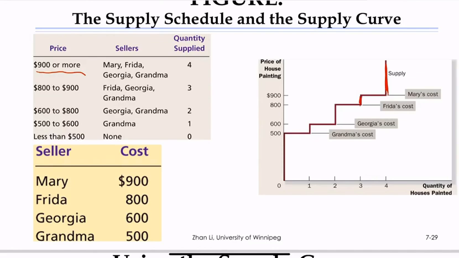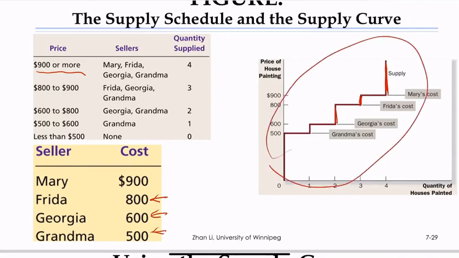So basically, we would have Frida, Georgia, and Grandma offering their services. So we could do the same experiment, right? We could look at some other prices, or we could draw a supply curve like this. Now, what is the lesson you can get from this supply curve?